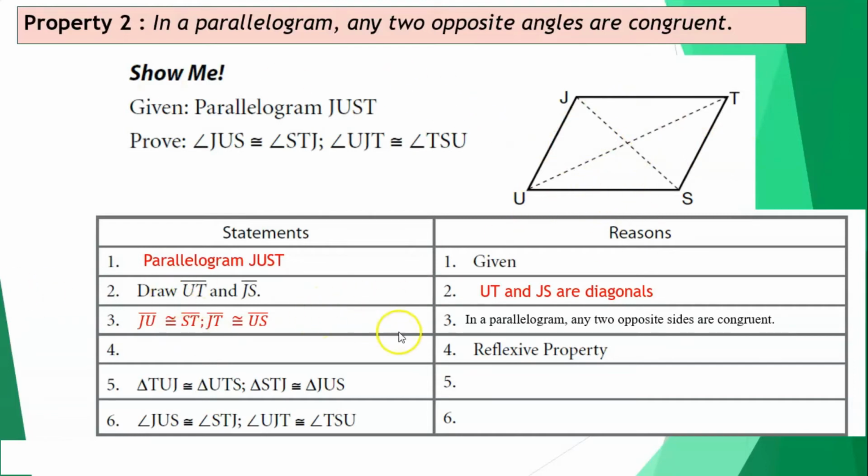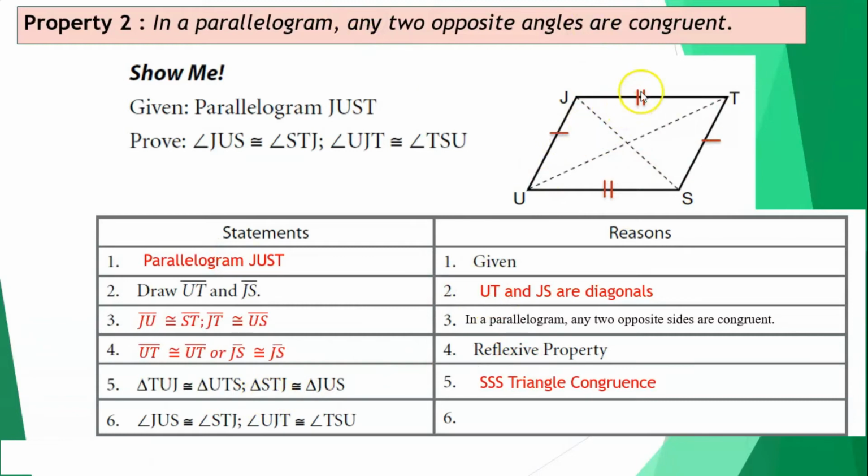And next, you have a reflexive property. So we have UT is congruent to UT. That would refer to the side common to the two triangles, up and down, and you have JS is congruent to JS, referring to this triangle and this lower triangle. So with that, we can say that these triangles are congruent by SSS.